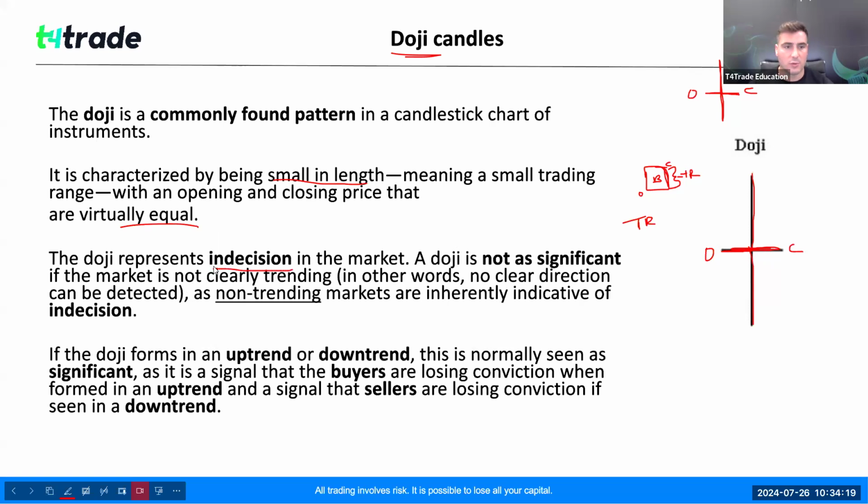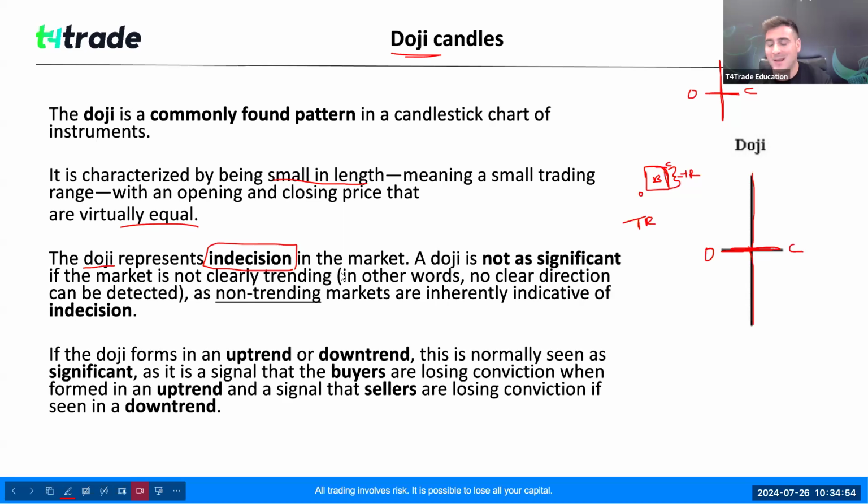If you want to take something away from this slide, it is this: a doji represents indecision. Neither the bulls nor the bears know where the price action is going to head next. In other words, it's an equilibrium point. Usually, if it follows a long bullish candle and you see the doji, the first assumption you're going to make is that we have reached the top of a market and we're probably going to see a reversal afterwards.